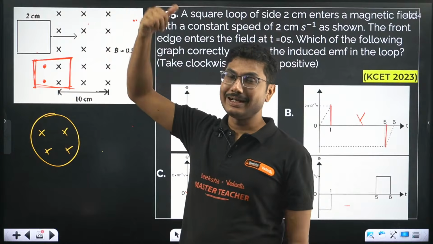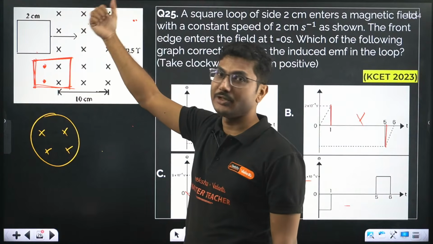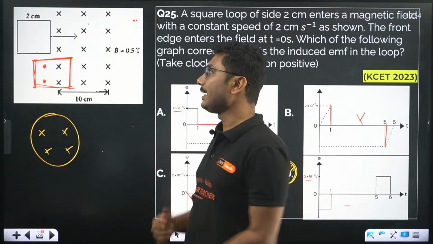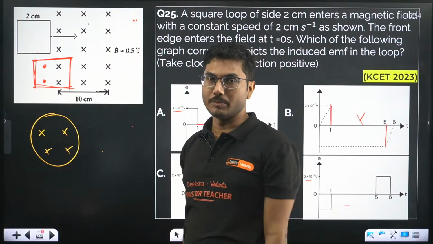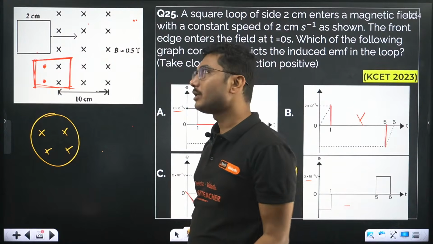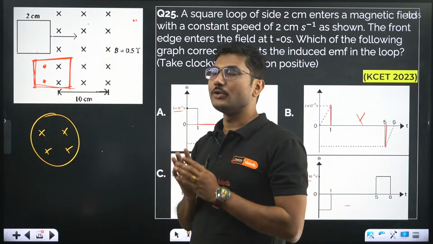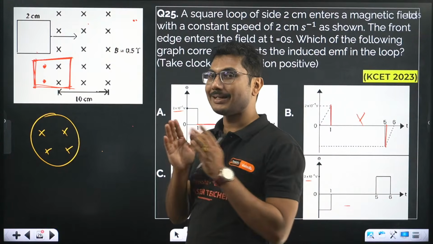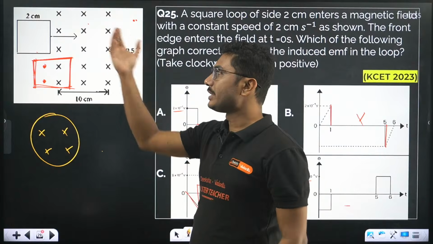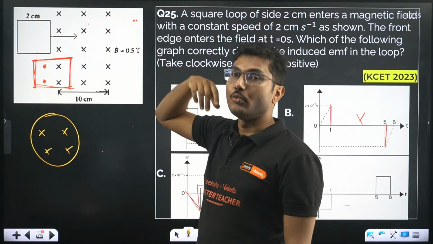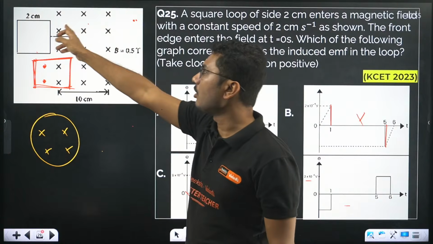Suppose in the first 1 second 10 lines cross the loop, and in the next 1 second 20 lines cross the loop, but the change will be 20 minus 10, that is 10.